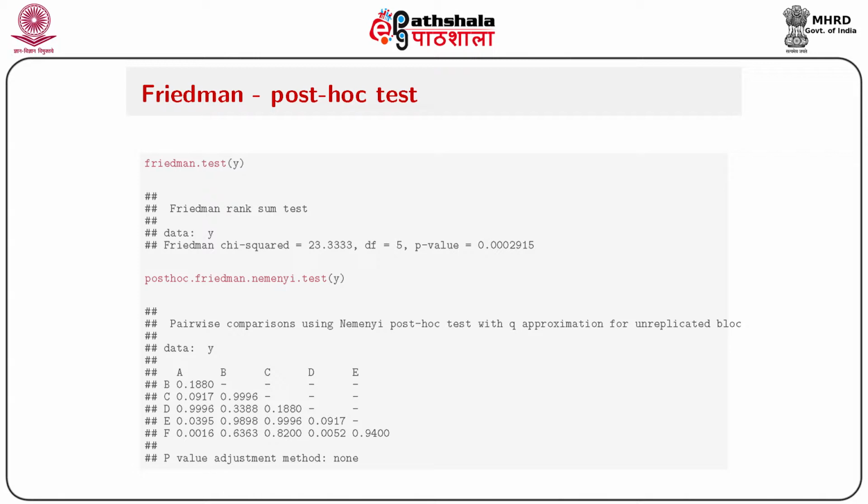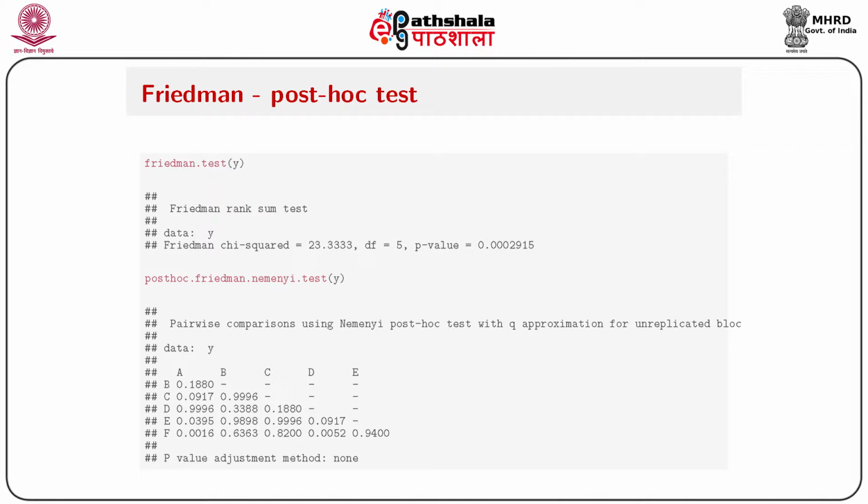We pass y within that, and that will give you the pairwise comparison using the Nemenyi post hoc test. This lower triangular matrix indicates the adjusted p-values.